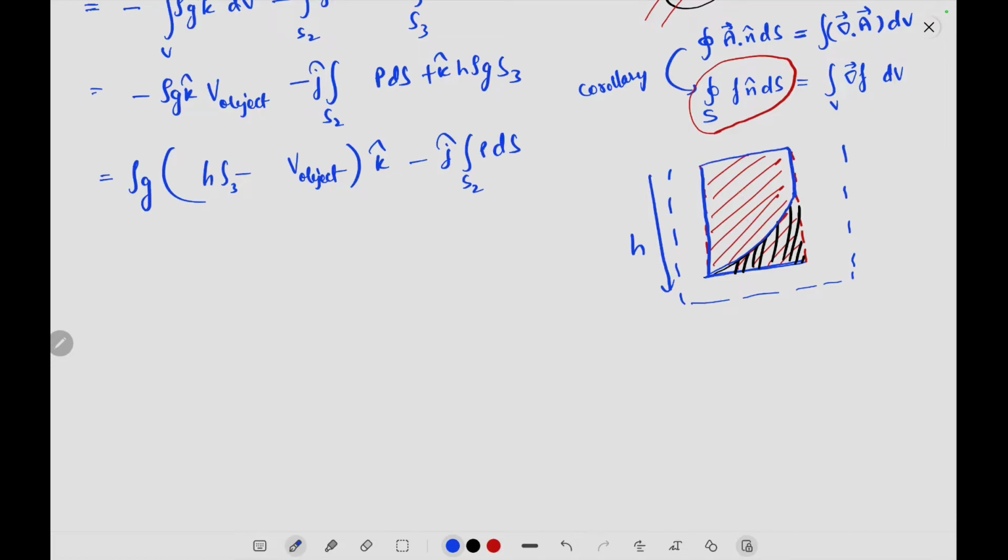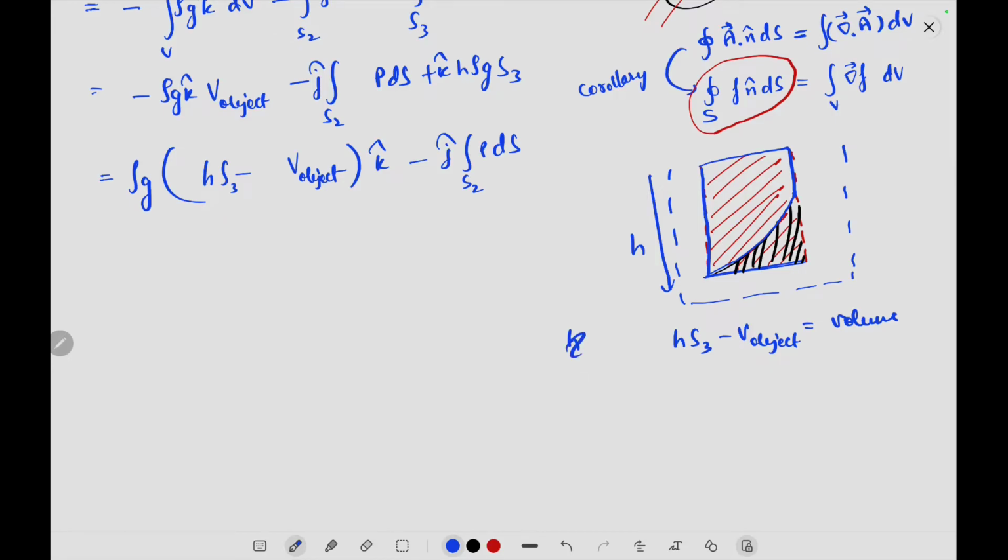And what is this volume? This volume is simply the volume of fluid. So this term, let's just write it here, HS3 minus V object is, now if you multiply with rho times g, this becomes the weight. So let's just multiply this part as well.